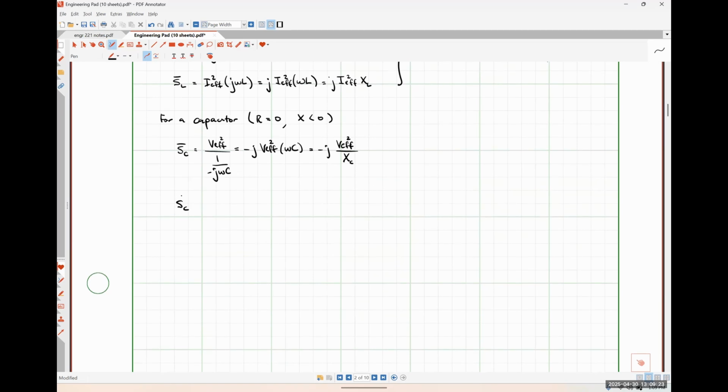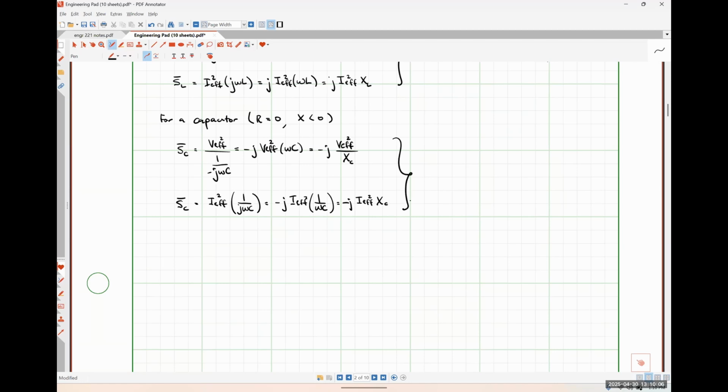In terms of current, we would have I effective squared multiplied by 1 over J omega C, where 1 over J is the same thing as negative J. So that's going to look like negative J times I effective squared times 1 over omega C, or negative J times I effective squared times XC.